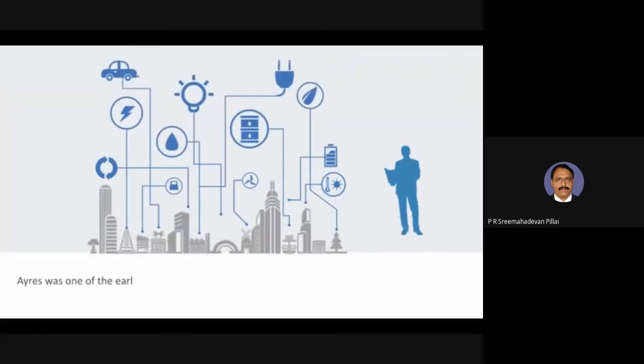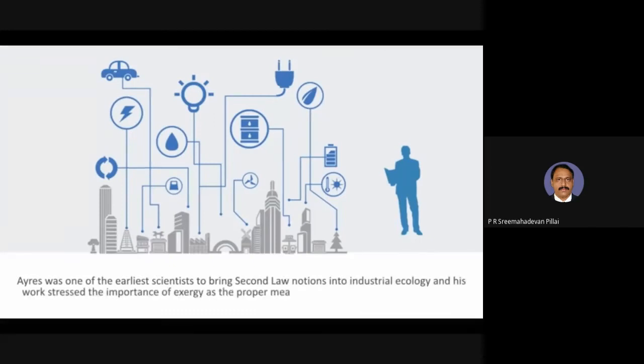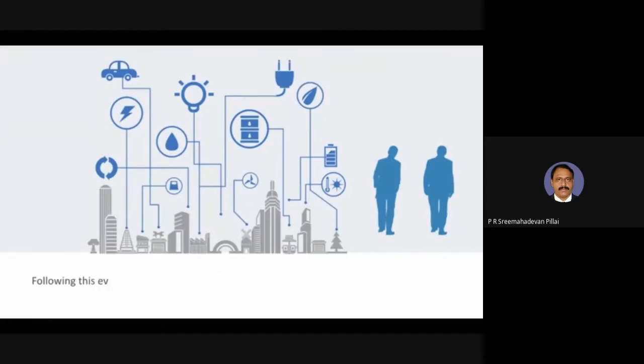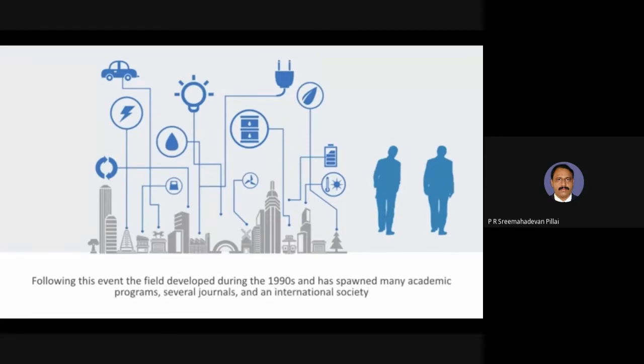The term industrial ecology was then popularized following the publication in 1989 of a seminal article in Scientific American by Robert Frosch and Nicholas Gallopoulos. Following this event, the field developed during the 1990s and spawned many academic programs, several journals, and an international society.